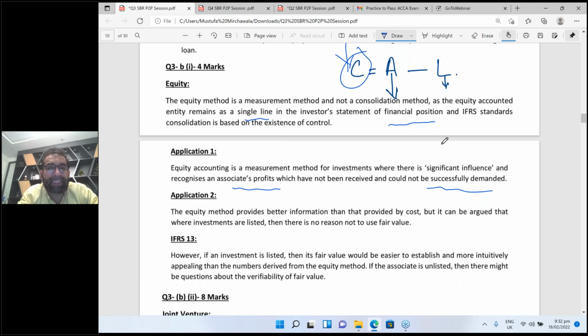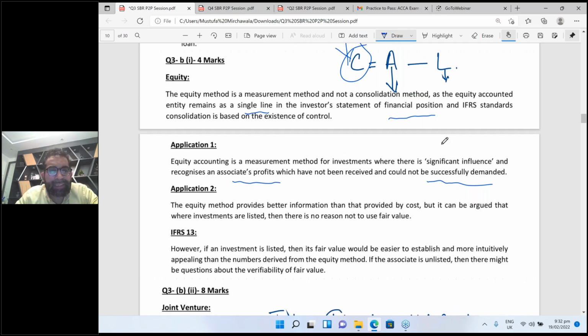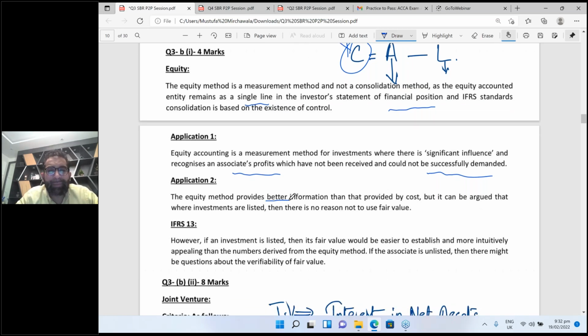That's why the words successfully demanded are written. Now, the equity method provides better information than that provided by cost. Yes, first of all we need to compare it with cost.